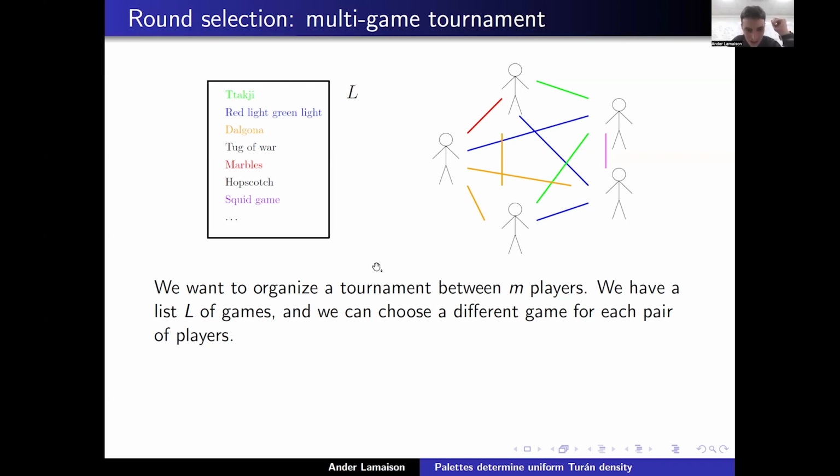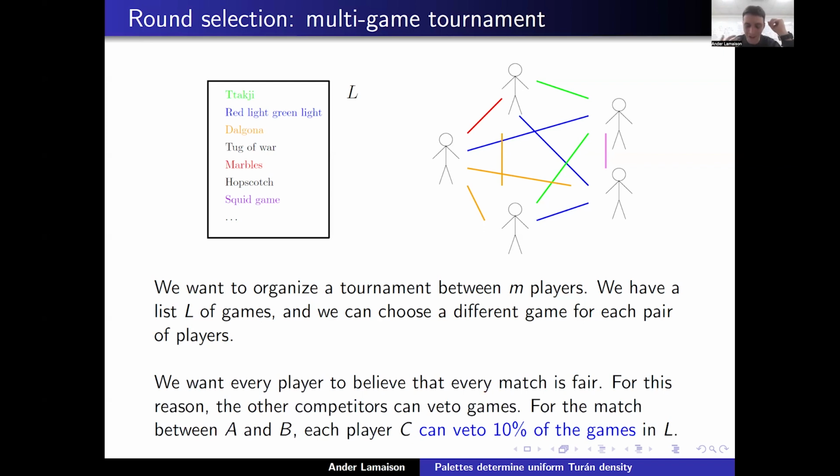So what we are going to do is let each player veto 10% of the list. And then the question is this: can we build such a tournament out of some players?